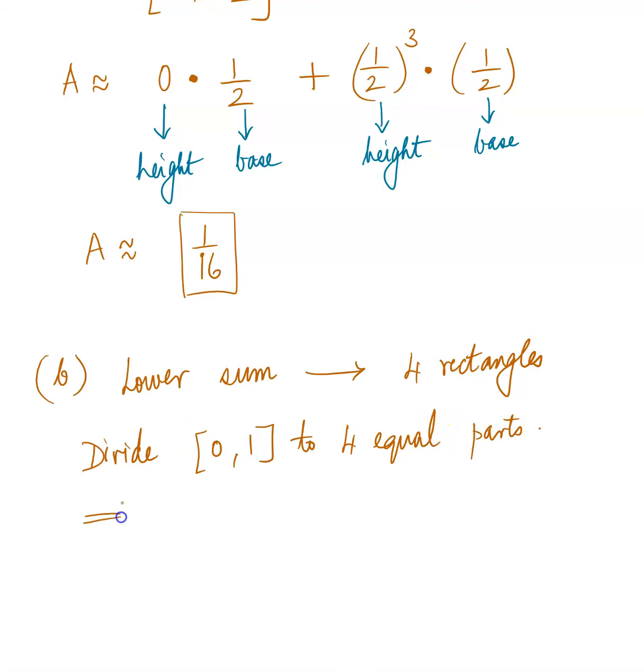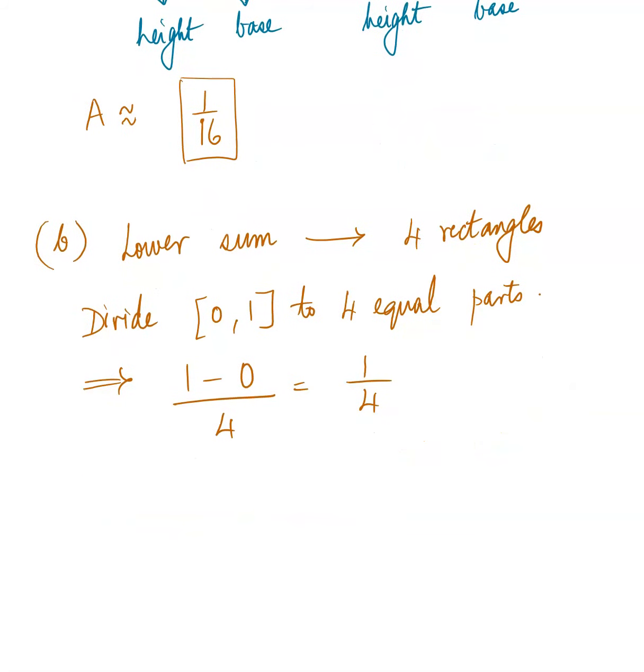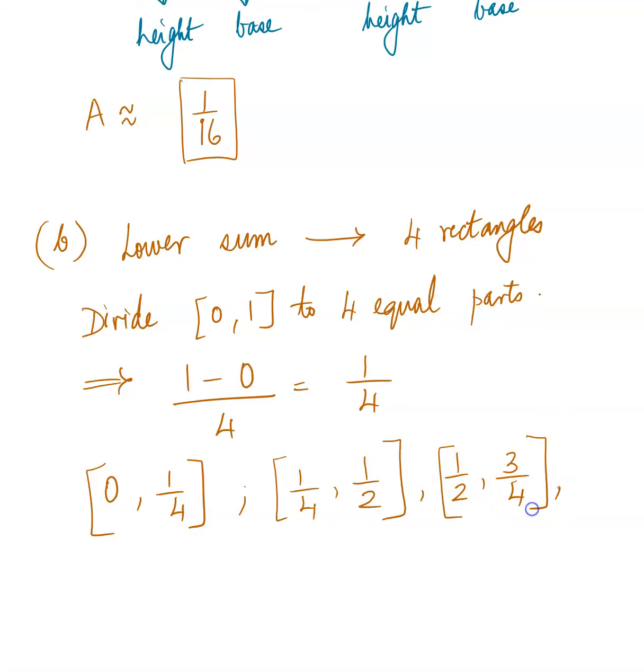So for this, we take the difference of the endpoints divided by 4 because you want it into 4 parts. So if it is 1 over 4, you know that you go from 0 to 1 over 4, 1 over 4 to half, that's the next one. Then it's half to 3 over 4, and 3 over 4 to 1.